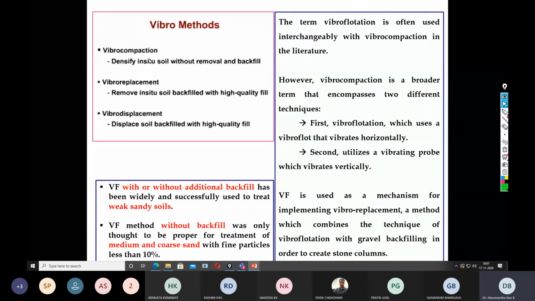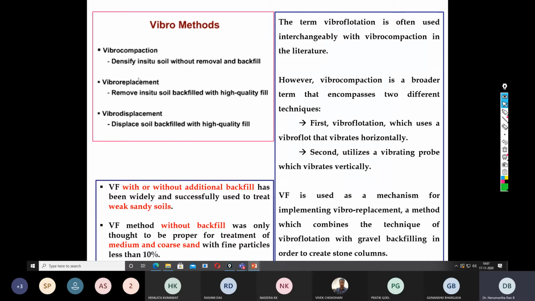When you are talking about the vibro compaction, it is valid only for the weak, granular soils. Vibro replacement is also valid for the granular soils, but by resorting to vibro replacement, we can create the stone column. These stone columns are typically built in clay soils.